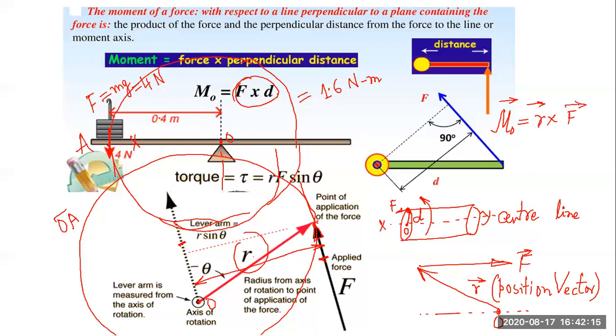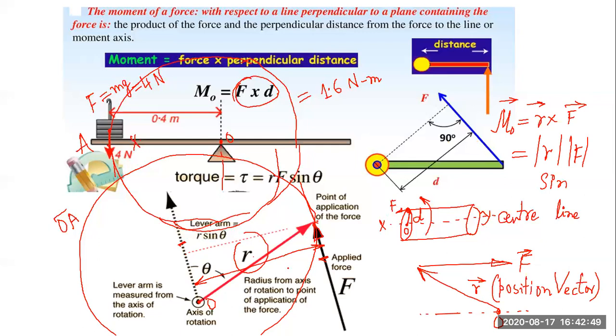In vectors, if we want to multiply, either we use a dot product, like work done, F dot s, that means F s cos theta, or a cross product, which is R cross F. If we remove the cross product, it becomes the magnitude of R, the magnitude of F, into sine of the angle between R and F.